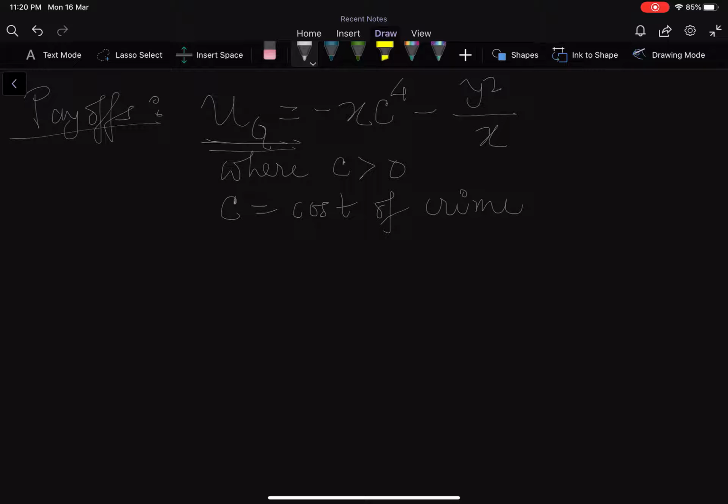So the government's payoff goes down if the criminal commits a higher level of crime. But if x goes up, then the first term goes down. From the first term the payoff goes down, but for the second term the payoff goes up. So for the same y, if x goes up, the second term goes down, so the payoff goes up, because it's a smaller negative number.